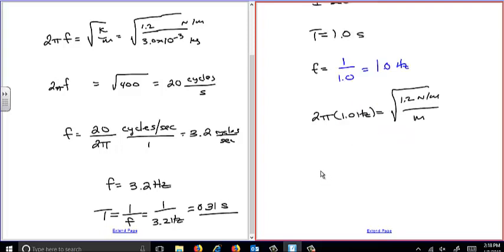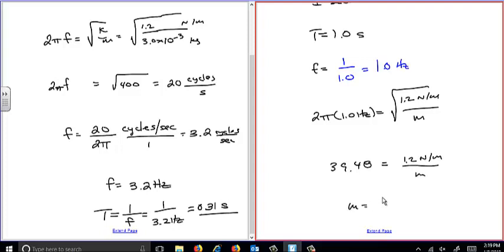So now I can solve for the mass. You square both sides. So you get 4 times pi squared times 1. The left-hand side becomes 4 times pi squared, which is 39.48. And here you get 1.2 newtons per meter divided by m.